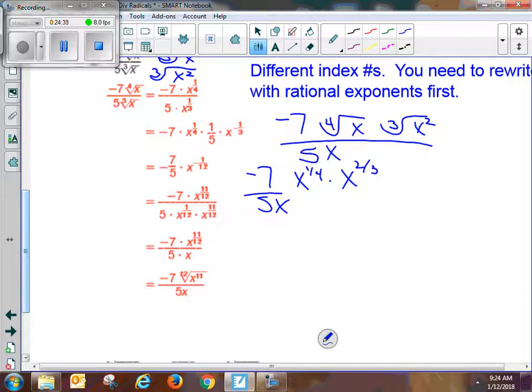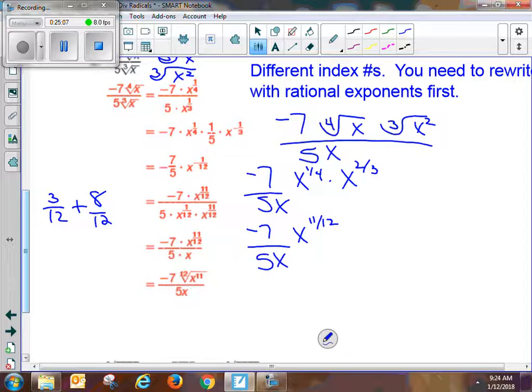Add. Okay. So this means common denominators, right? Would you agree 1/4 is like 3/12? What is 2/3 like? 8/12, okay? So if you put those guys together, you get 11/12. So I have -7 over 5x, and I have an x to the 11/12.